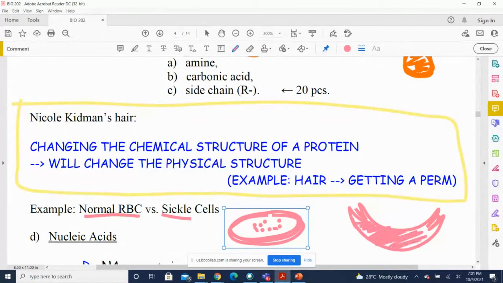Now it becomes this crescent moon shape, and that will have significant consequences, with the ability of this red blood cell to carry oxygen being diminished. These red blood cells tend to get caught in places where red blood cells would normally flow nicely through, and so on and so on.